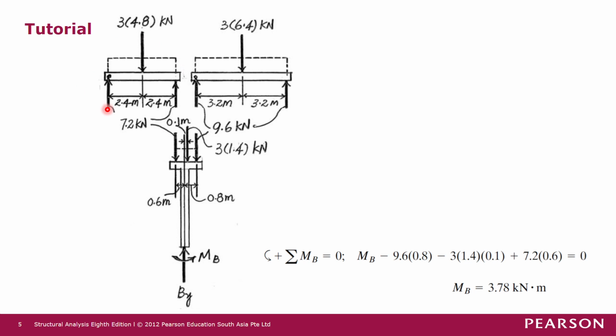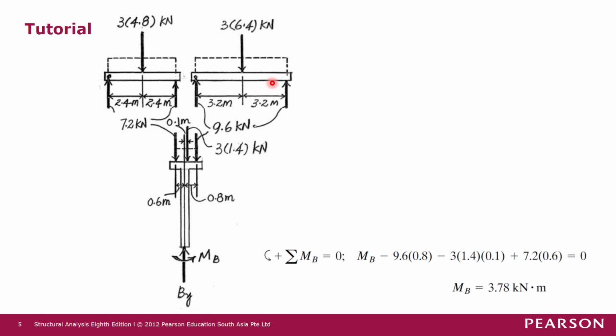This is the simply supported beam of 4.8 meters, and this is the simply supported beam of 6.4 meters. Each of these beams is subjected to 3 kilonewton per meter length of uniformly distributed load. We have already done the reactions for this beam, so this reaction is 7.2 kilonewton as in the solution before.